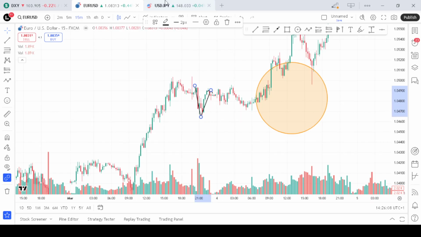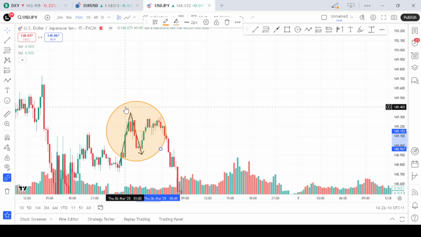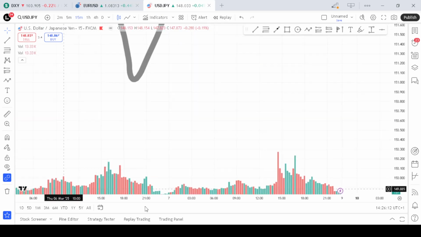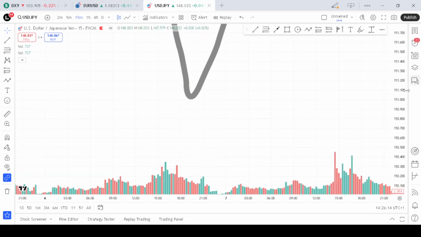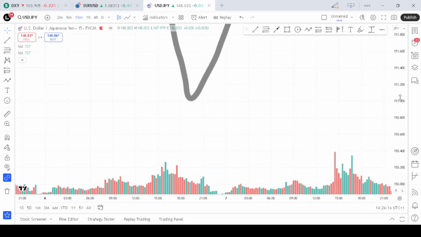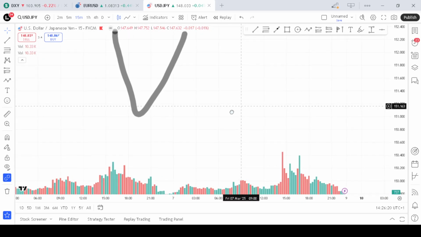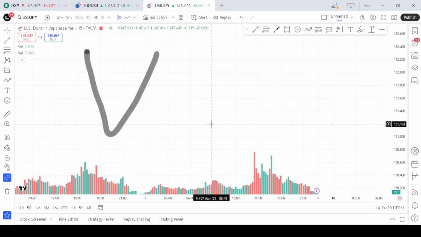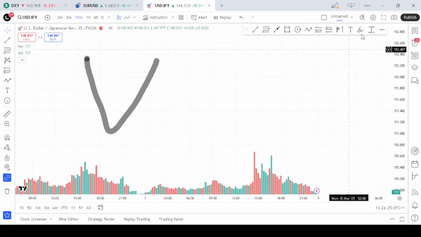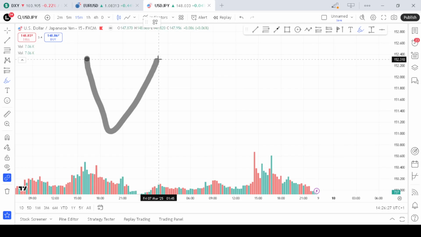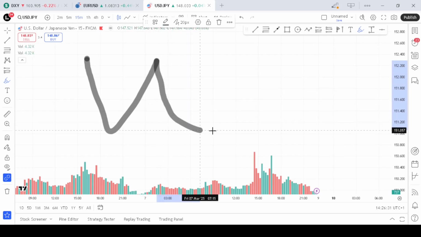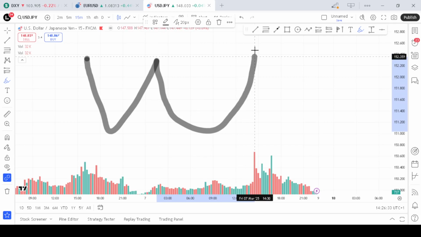Now we need to talk about the Eve formation. Following the Adam formation, the Eve appears as a more gradual U-shaped peak or trough, meaning the Eve pattern is going to be more like a U-shaped pattern.